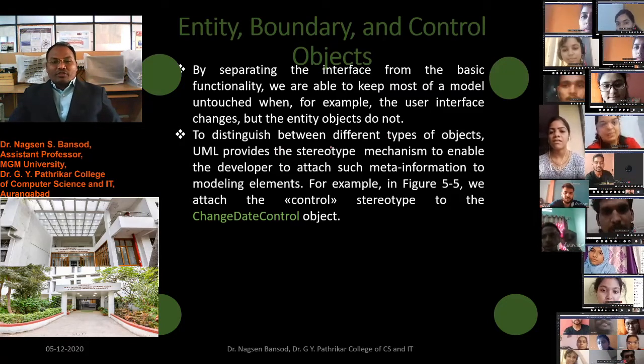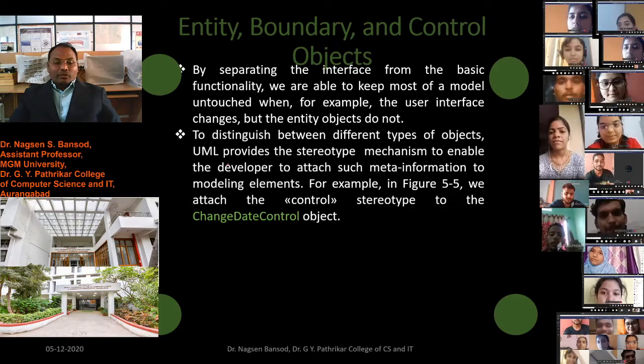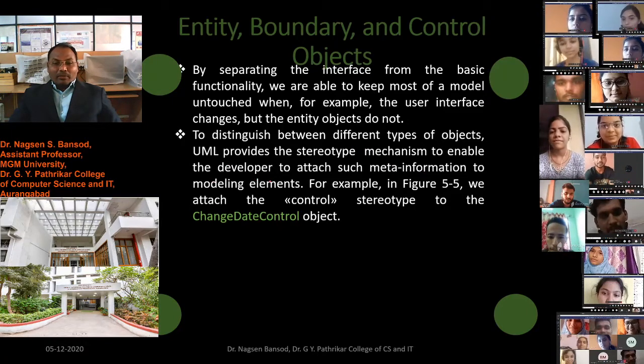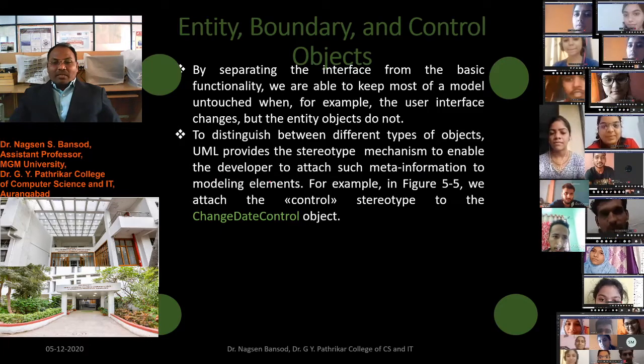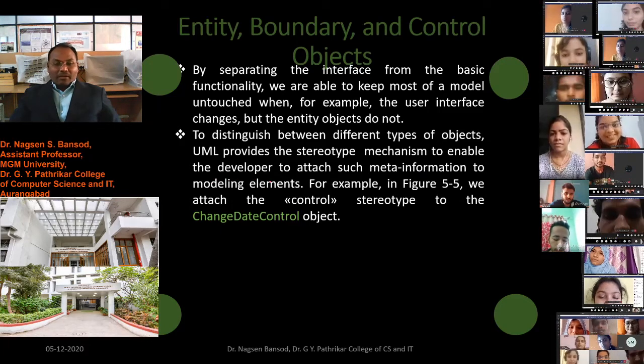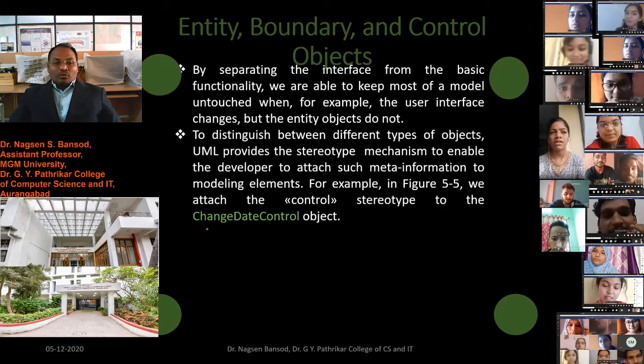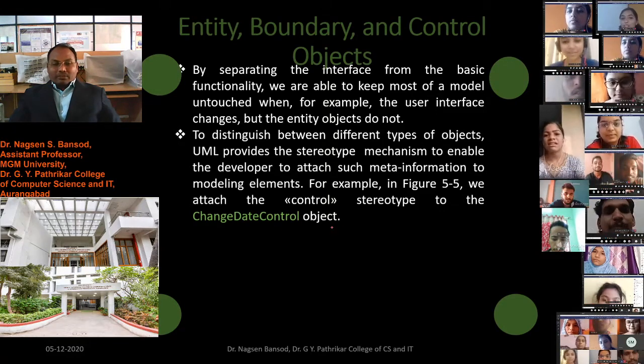To distinguish between different types of objects, UML provides a stereotype mechanism to enable developers to attach such meta information to modeling elements. For example, in figure 5.5, we attach the control stereotype to the change date control object.